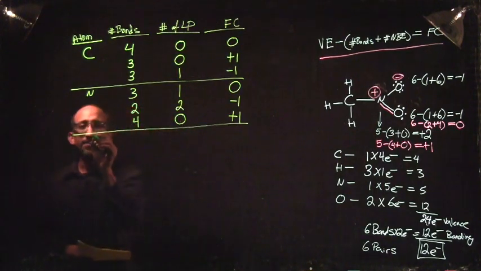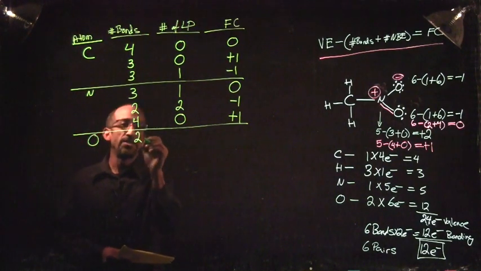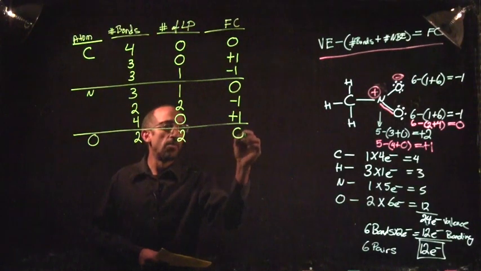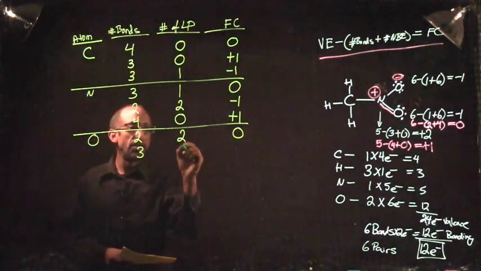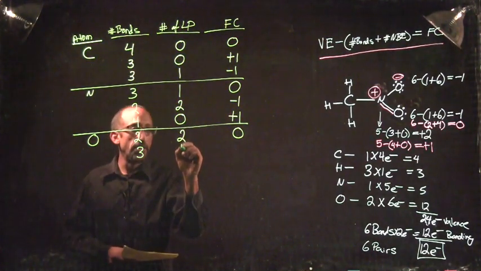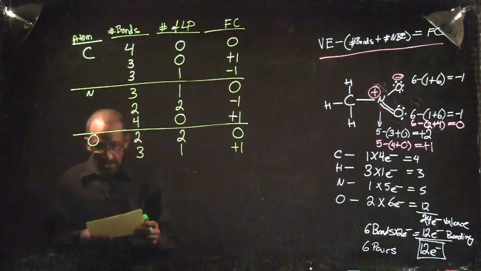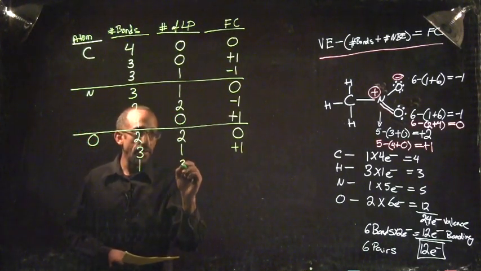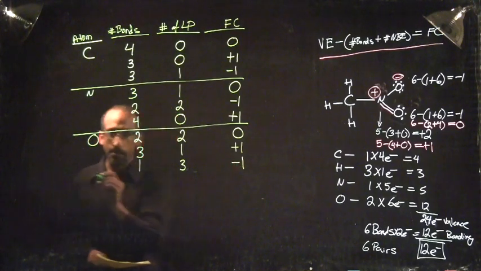For oxygen, if we have 2 bonds to oxygen, 2 lone pairs on the atom, we have a formal charge of 0. If I have 3 bonds to oxygen and I have 1 lone pair on the atom, I will have a formal charge of plus 1. And finally, if I have 1 bond to oxygen and I have 3 lone pairs, my formal charge will be negative 1.